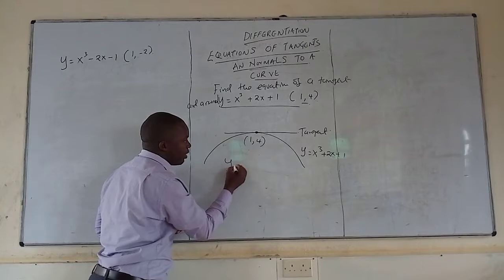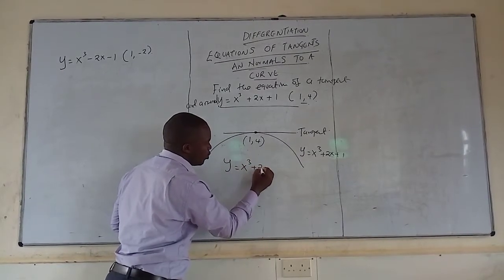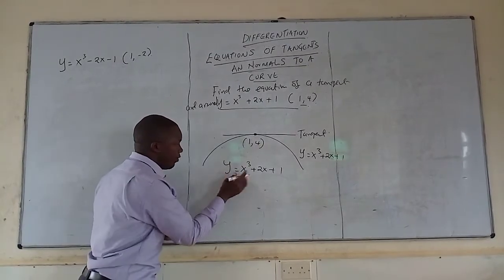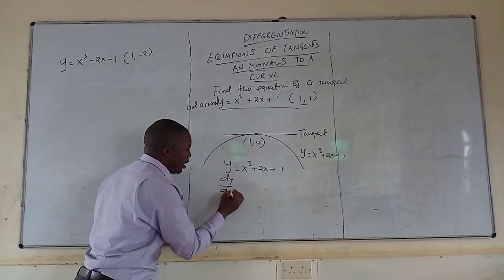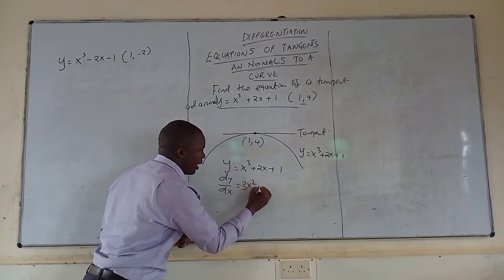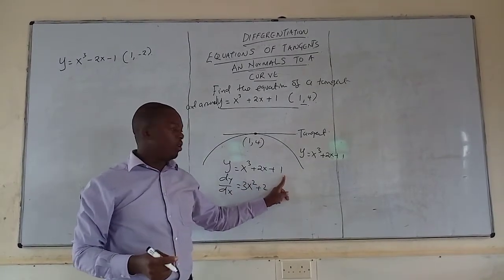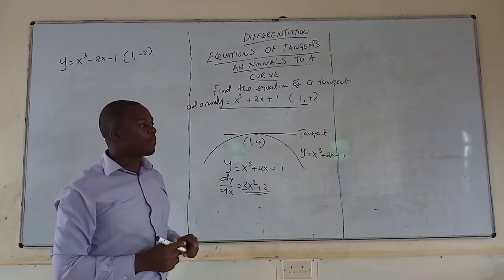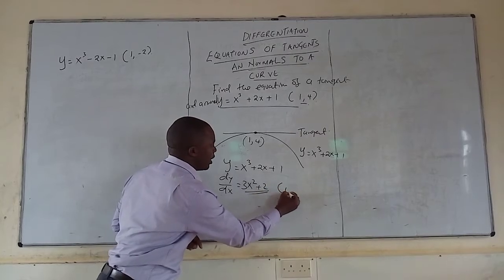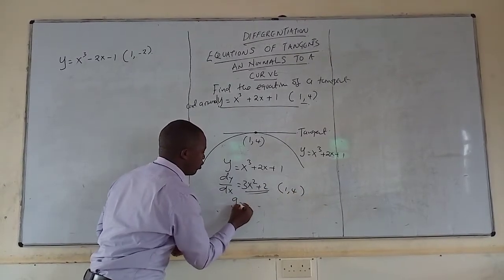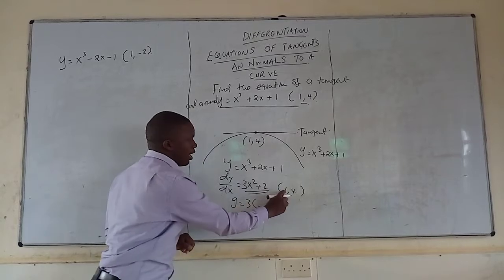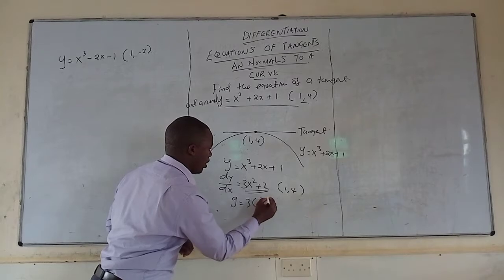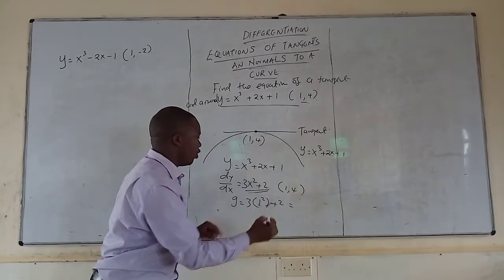So remember, you have y is equal to x cubed plus 2x plus 1. For us to get the gradient function, we will differentiate this. So we'll have dy/dx is going to be 3x squared plus 2. Remember, when you differentiate 1, a constant, it becomes 0. So this is the gradient function. So at this particular point (1, 4), the gradient is going to be equal to 3 times the value of x, which is 1, so it's 1 squared, plus 2, and this is going to be 5.